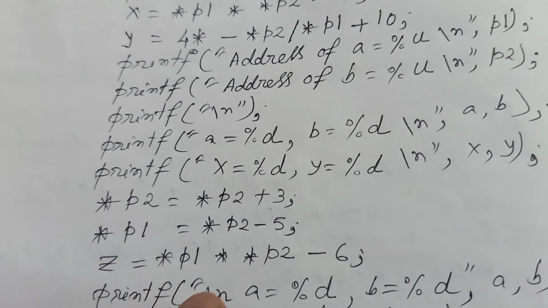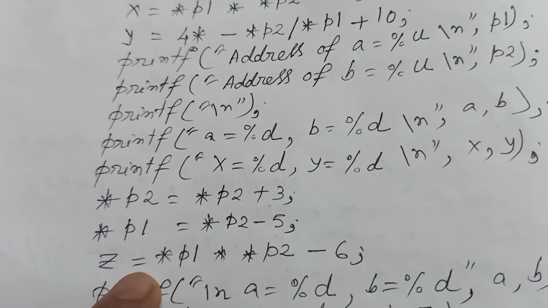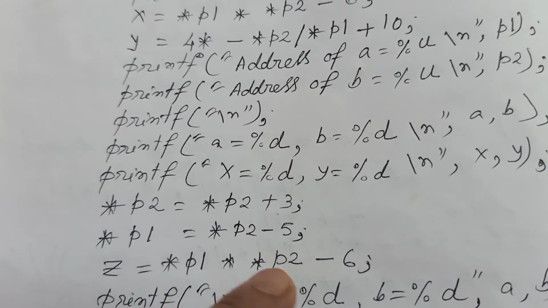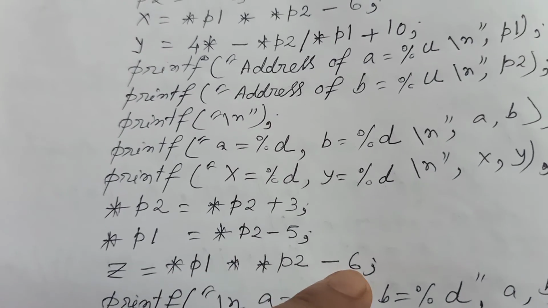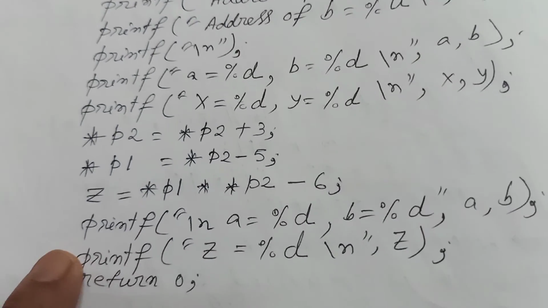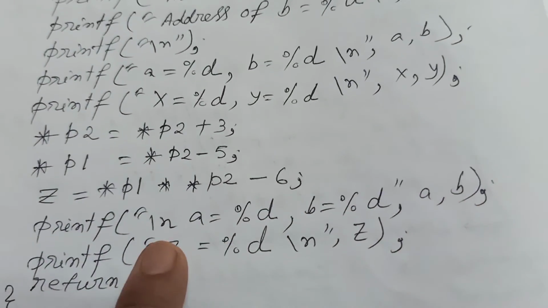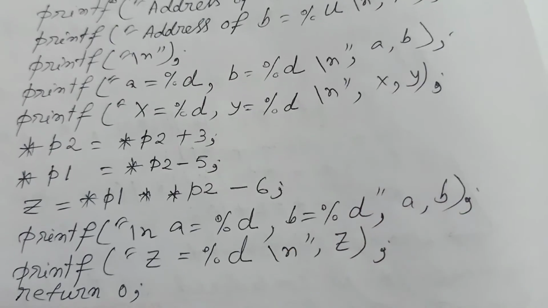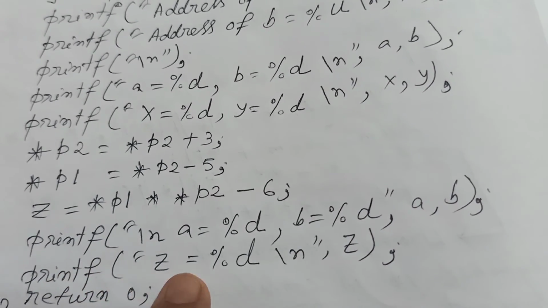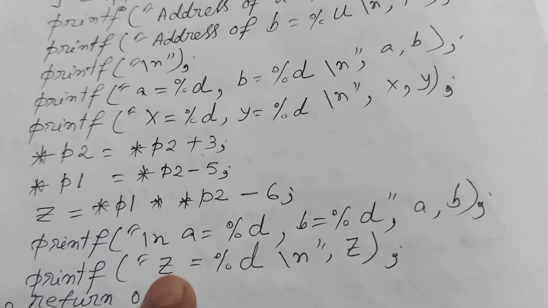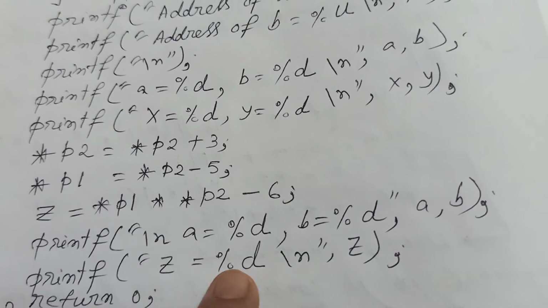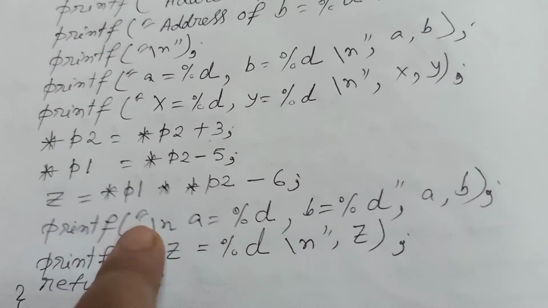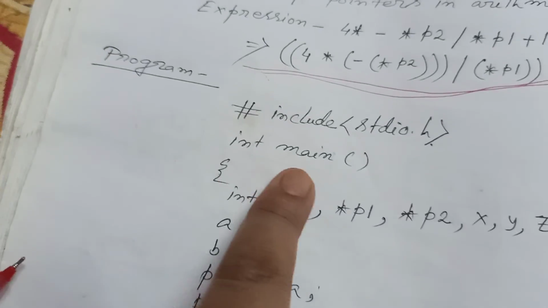When we are doing a new operation through a new variable z, *p1 into *p2 minus 6. So the new value of a equal to %d and b equal to %d. So printf is showing the new value of z equal to %d, return 0 as we are taking int main.